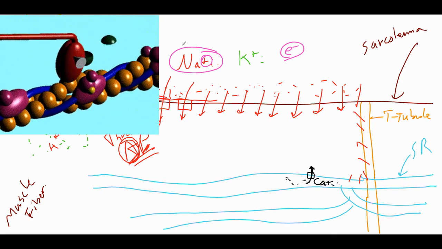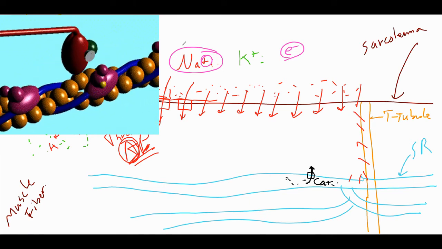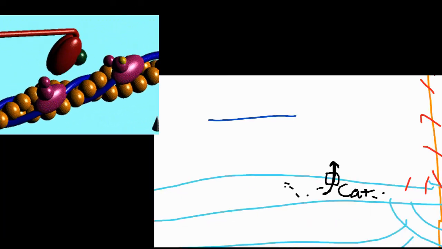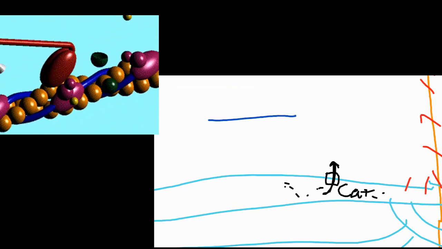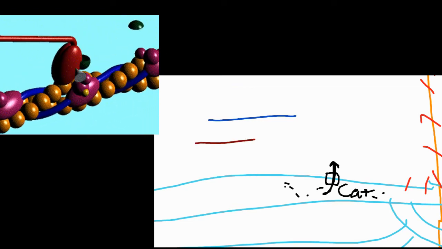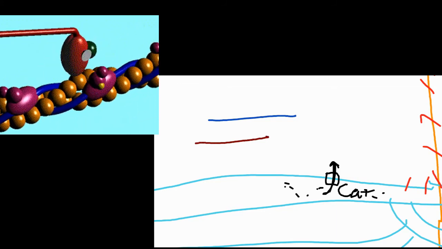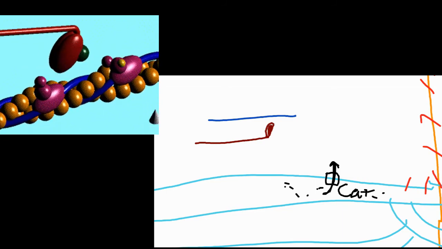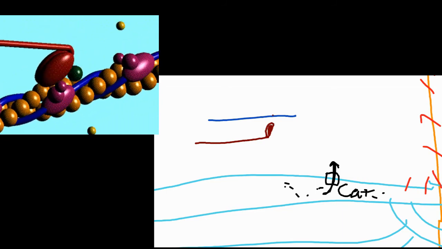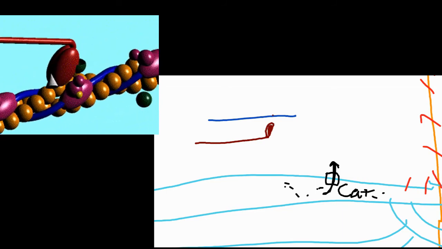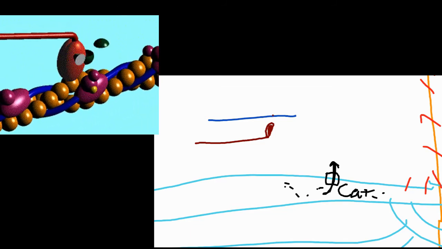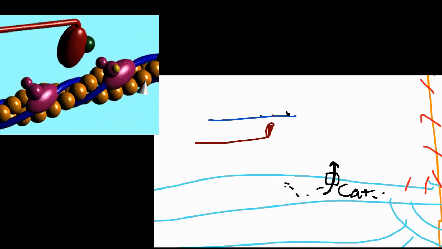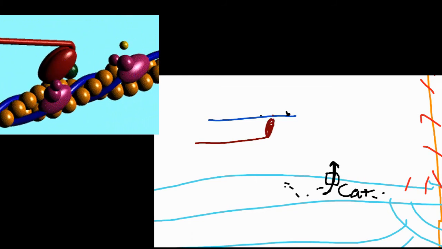So let me just draw an actin. Let's just pretend this is actin, okay? And let's make this myosin. Okay, myosin in here, and it's got its little head on it. Normally that myosin head can't bind to the actin. It can't attach. But if calcium binds to the actin, it's going to allow that actin to change shape, and it's going to allow that myosin head to attach and form a cross bridge.